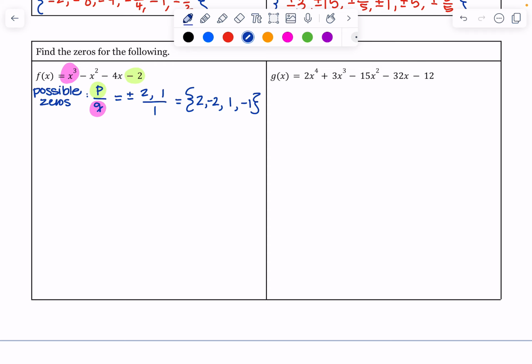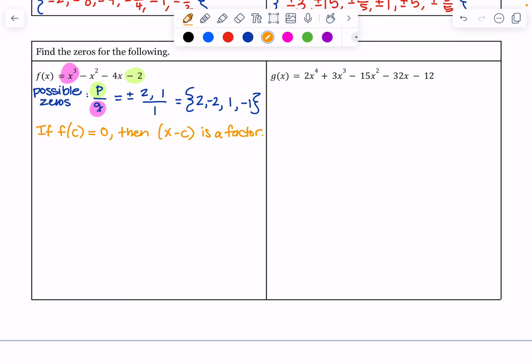Okay, so we don't know which of these will work, but if you remember from the synthetic division video, the factor theorem says that if f of c is equal to 0, then x minus c is a factor, and that's going to be useful to us here.